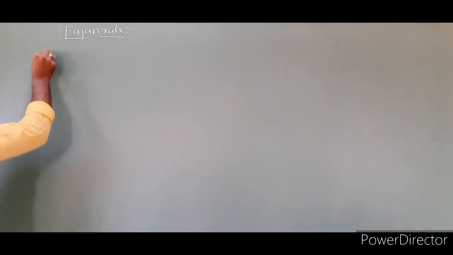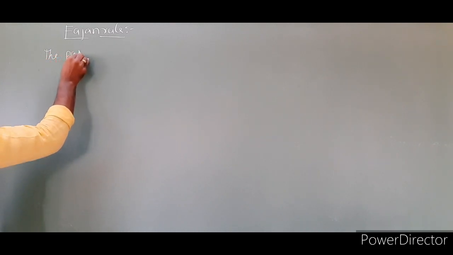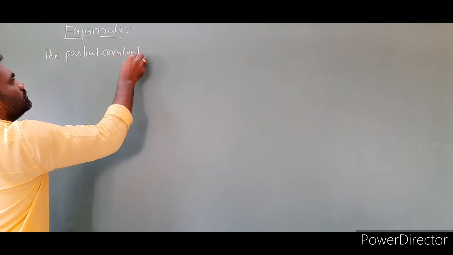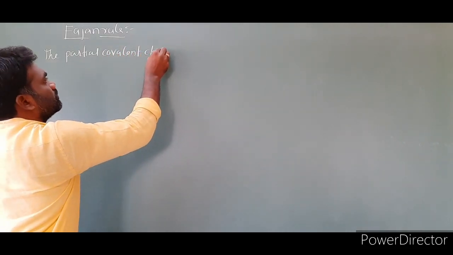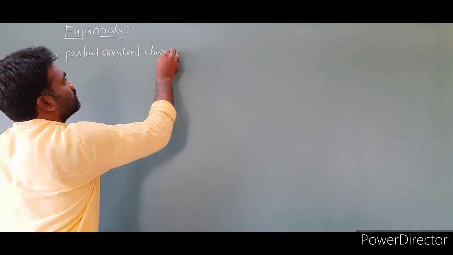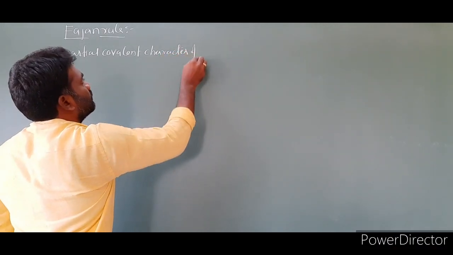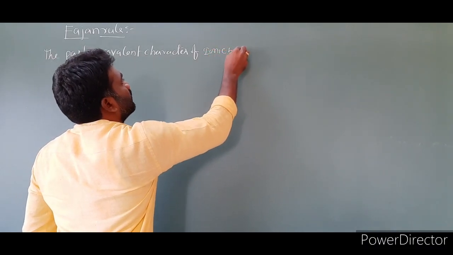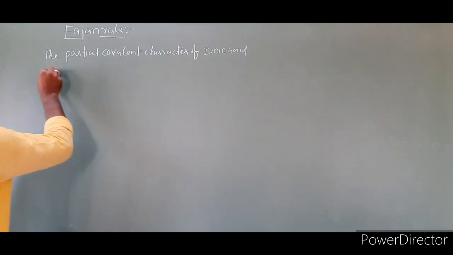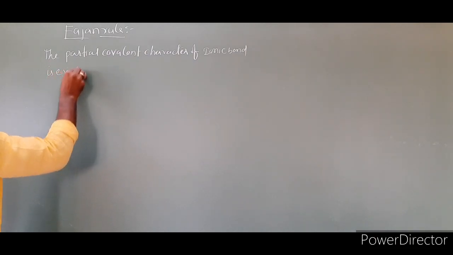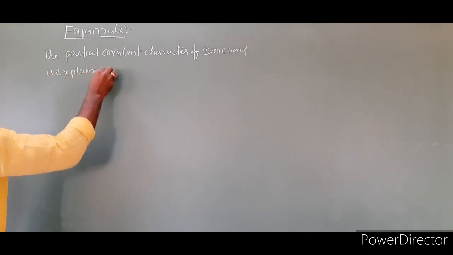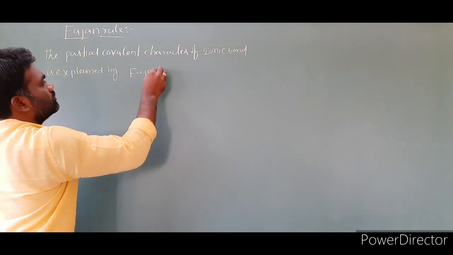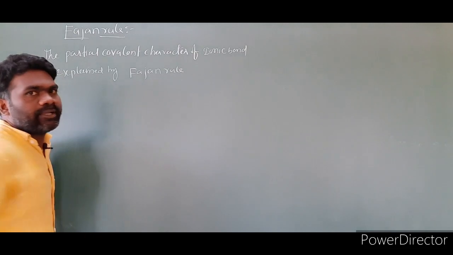Let us write the sentence. The partial covalent character of ionic bond is explained by Fajans' rule.